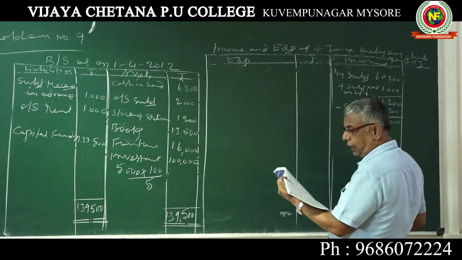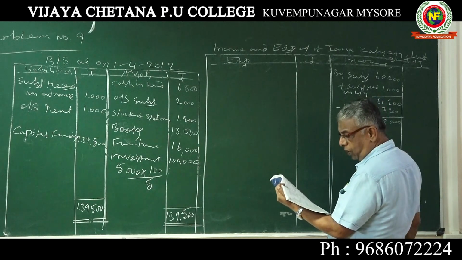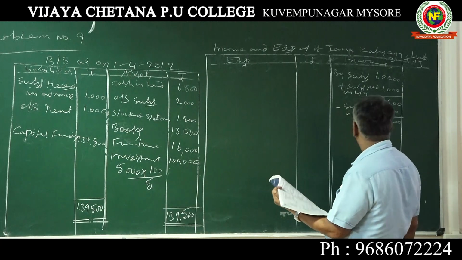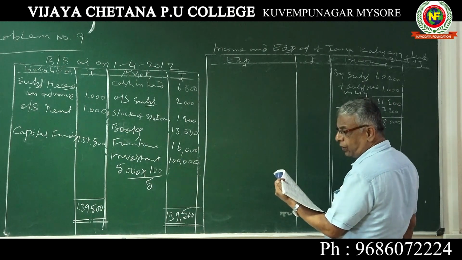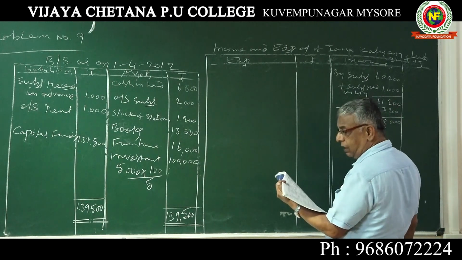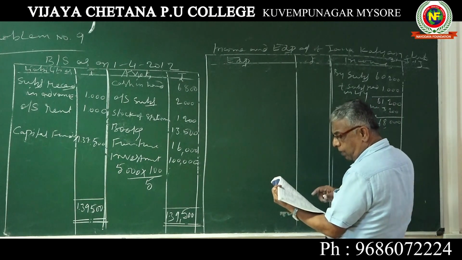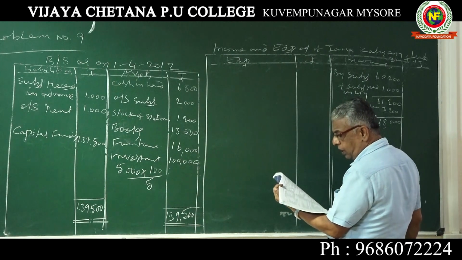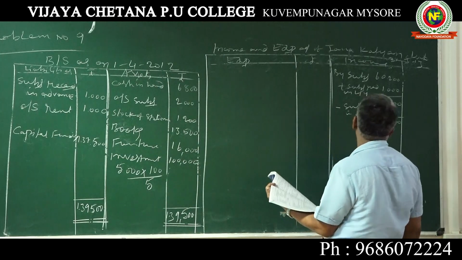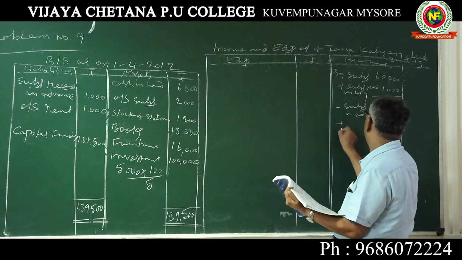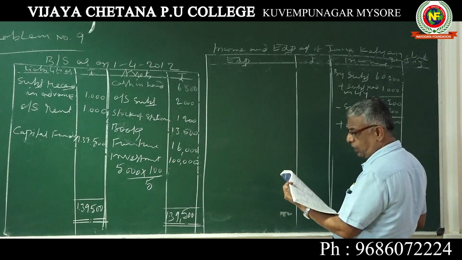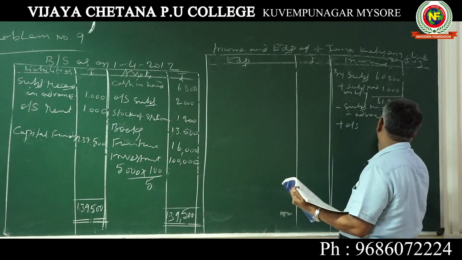And then, as you know, one more adjustment is there. Outstanding subscription, that is income earned but not received, we have to add: rupees 3,700.